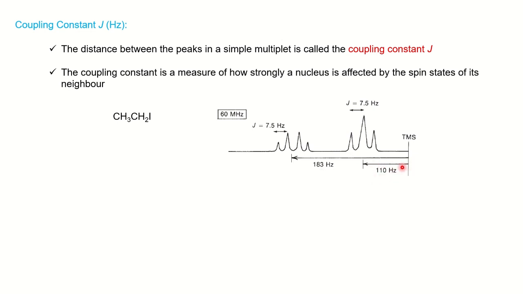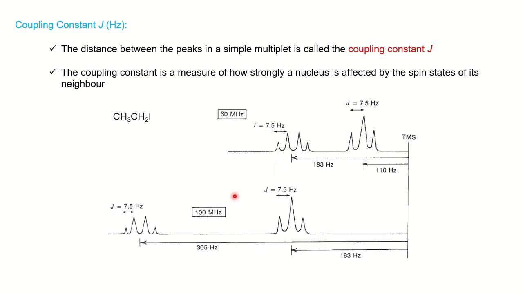It is the shift of the peak from the TMS, which is an internal standard, tetramethylsilane. The same spectrum you can record on a 100 megahertz NMR also. As you increase the instrument frequency, the resolution will increase. If two peaks are very close to each other, on increasing the frequency of the instrument the same two peaks are away from each other.